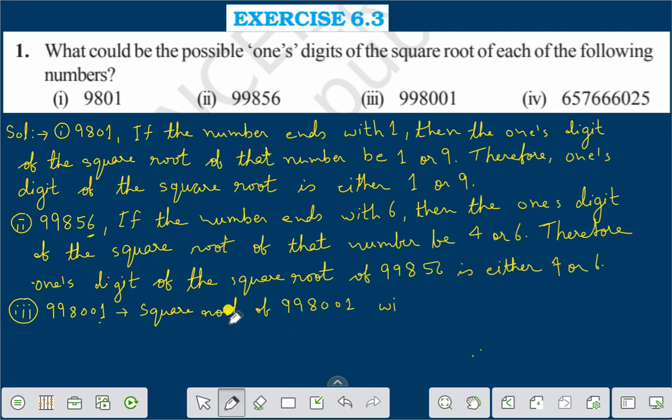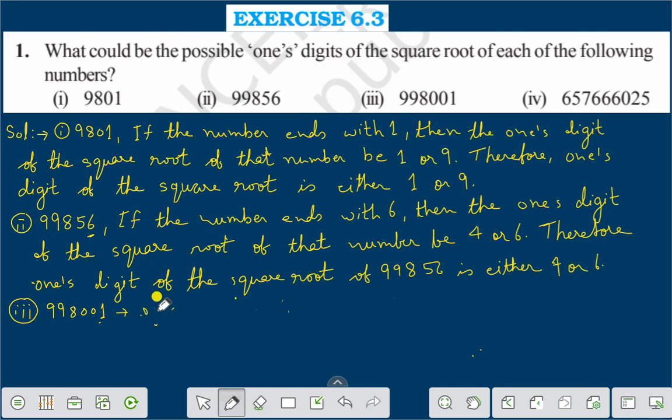Here again we are writing that the ones digit in the square root of this number is either 1 or 9, right? We found it from question 1. If the number ends with 1, then the ones digit of the square root of that number can be 1 or 9.